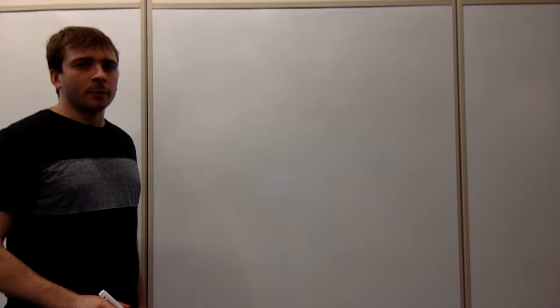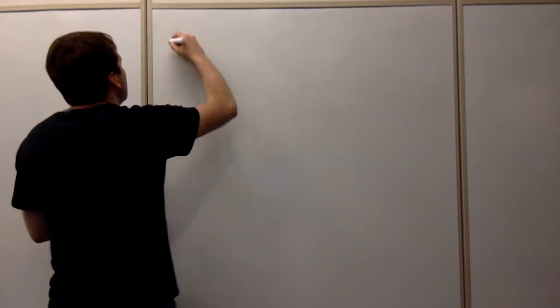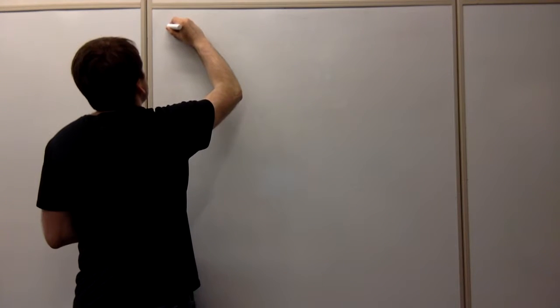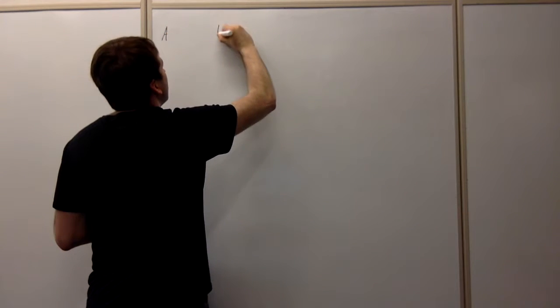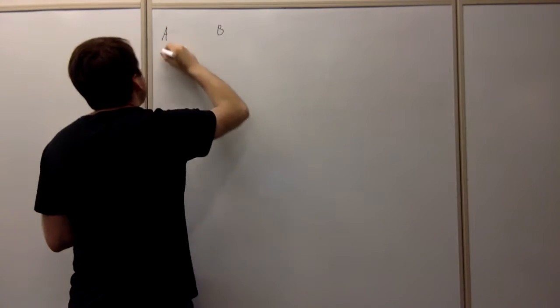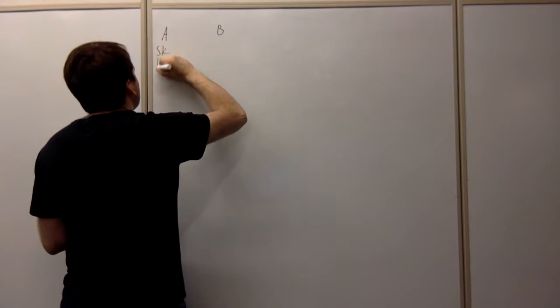Today I'm going to talk about the RSA key exchange mechanism. First of all, if you are talking about RSA, it means that you have two parties, Alice and Bob. Alice will have two keys, a secret key and a public key.